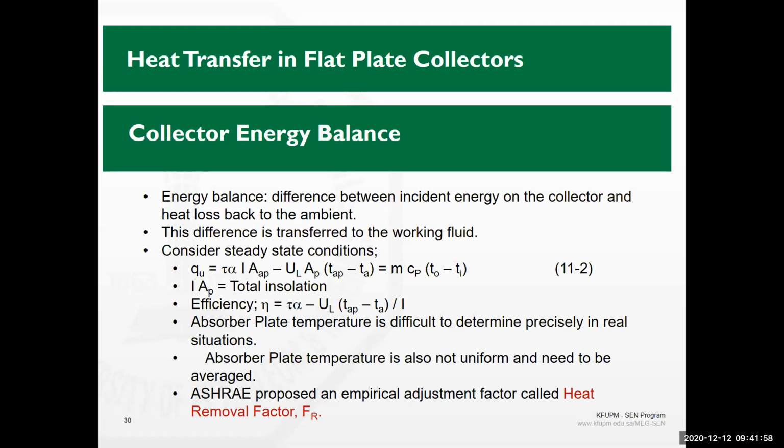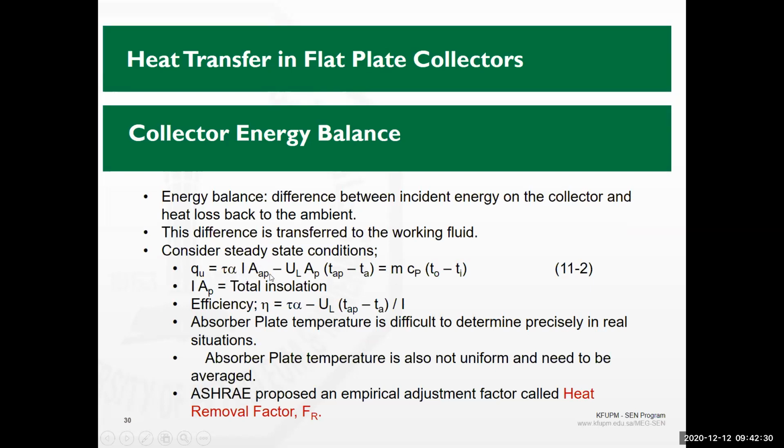Considering steady state applications, the useful energy is, as you can see here, the difference between the falling energy, where tau is the transmissivity through the glass and alpha is the absorption of the collector receiving surface, times the solar energy and the area of the collector. So this is the incident energy, the energy falling into the collector.